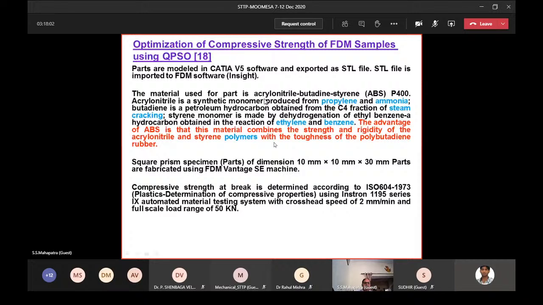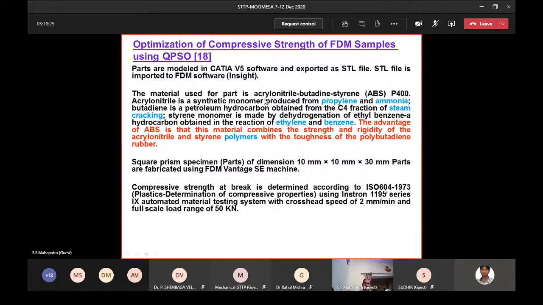Square prism specimens of 10 mm, 10 mm and 30 mm were fabricated using the FDM Vantage machine.